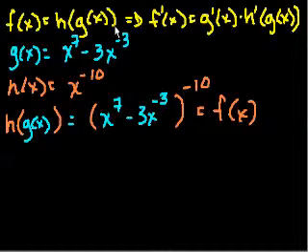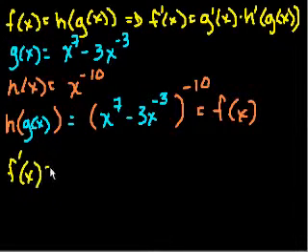I know this is very confusing, but bear with me. Maybe you have to watch the video twice and it'll start making more sense. Well, we want to now figure out what f prime of x is. So f prime of x. Well, the chain rule tells us all it is we take the derivative of g of x, right? So the derivative of g of x is what? That's easy, or hopefully it's easy by now.